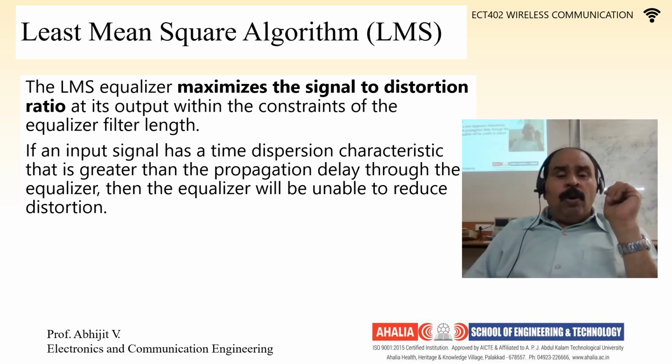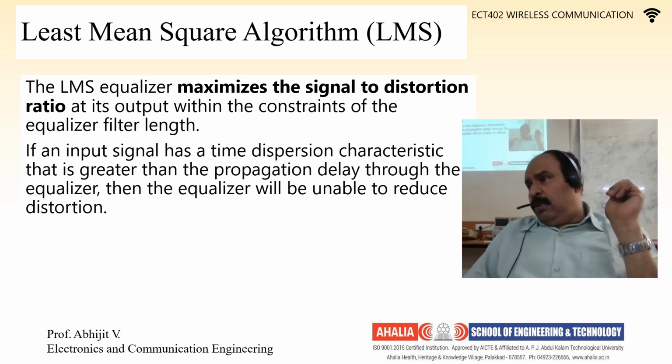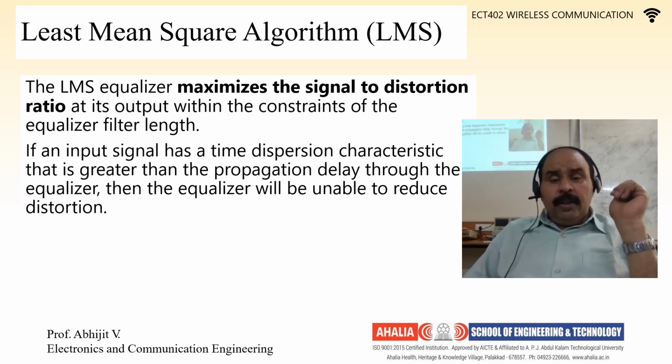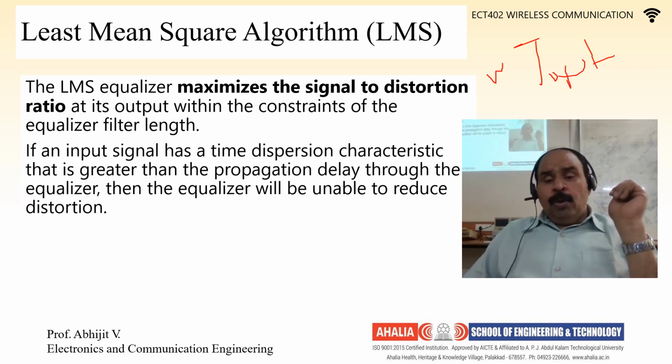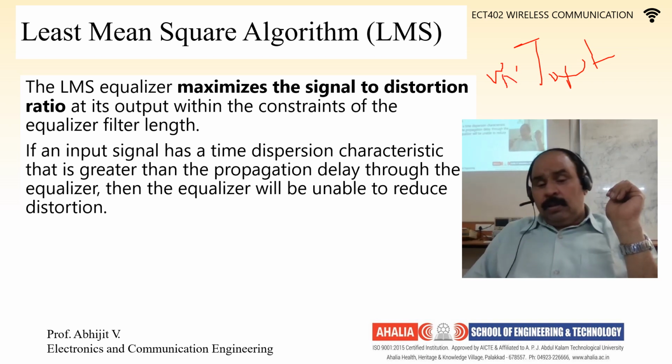So what it does is that we are finding out J opt, and we can note that the W n is W of n plus 1.